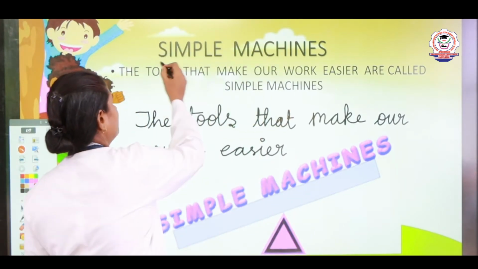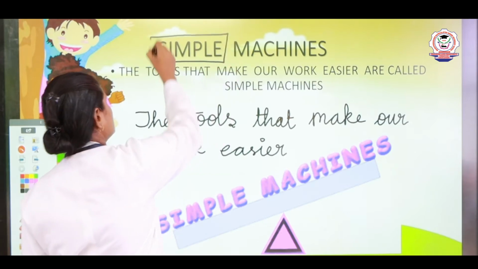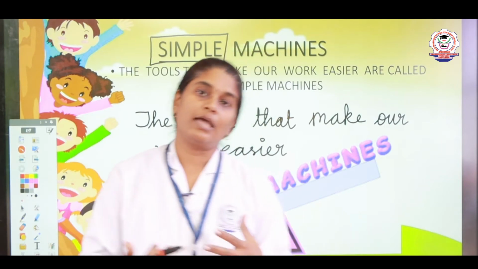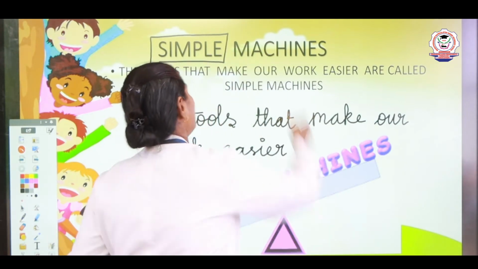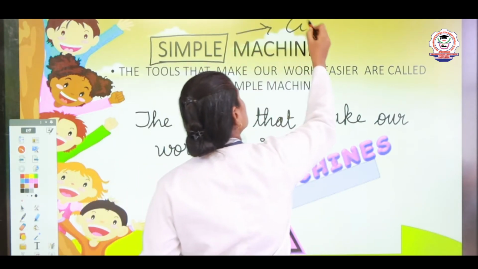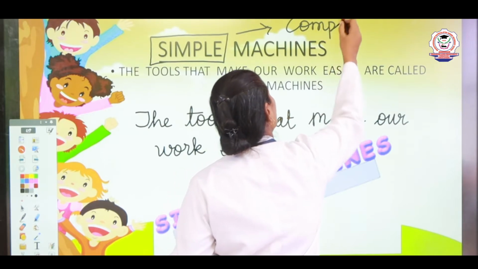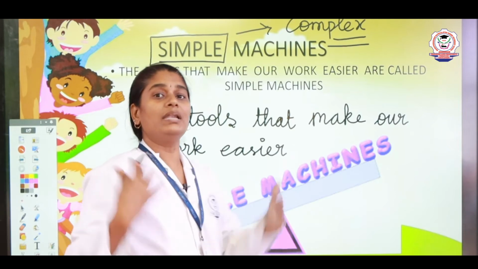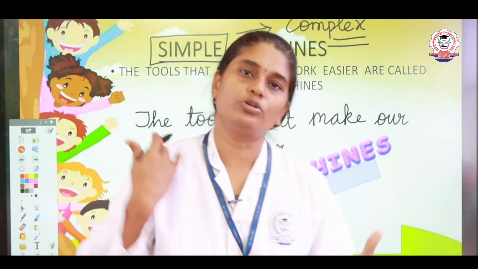Now, when these simple machines are joined together, they form a complex machine. So what is a complex machine? In a complex machine, many simple machines are used.